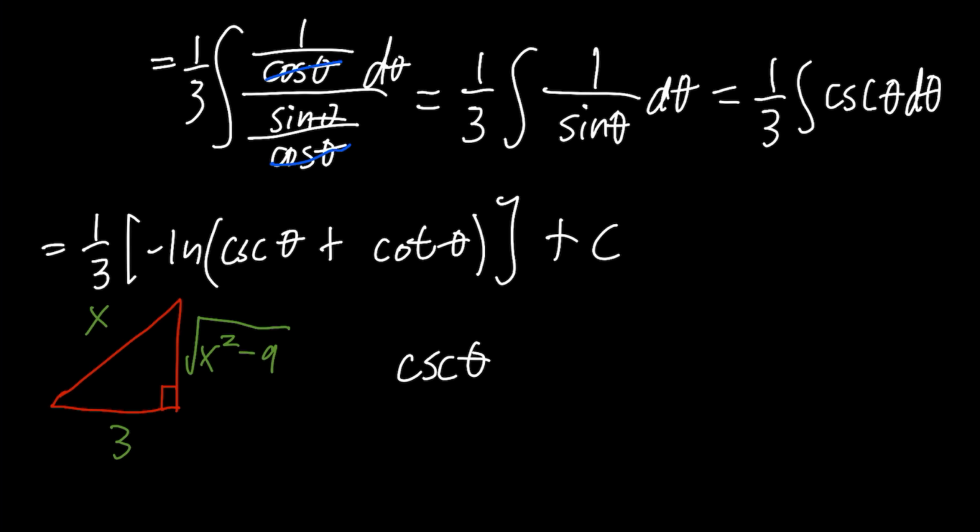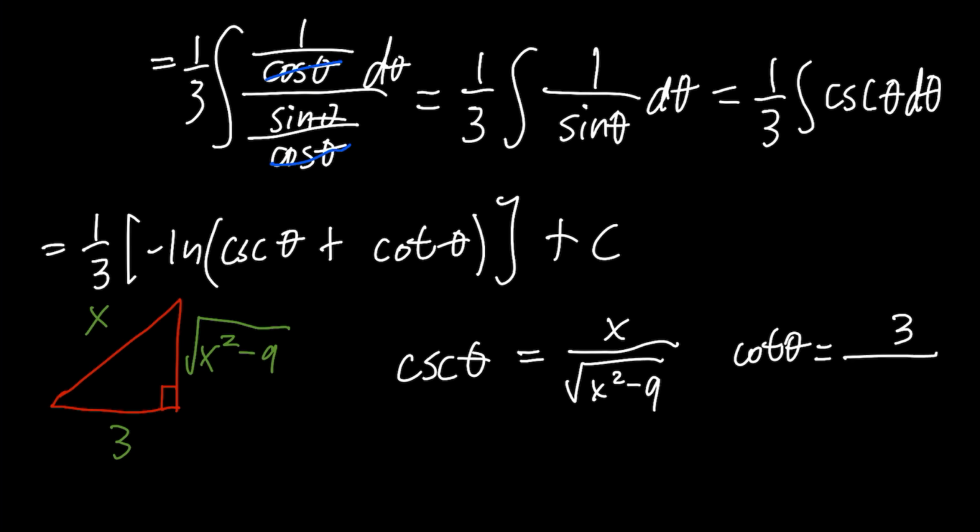Cosecant theta is equal to hypotenuse all over opposite, so this would be equal to x all over the square root of x squared minus 9. Then let's rewrite cotangent theta. We know that cotangent theta is equal to the adjacent all over opposite. So our adjacent here is 3, and the opposite is the square root of x squared minus 9.